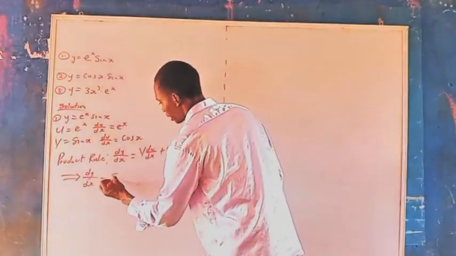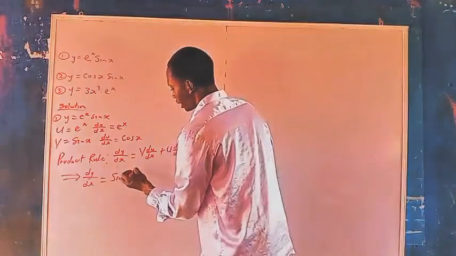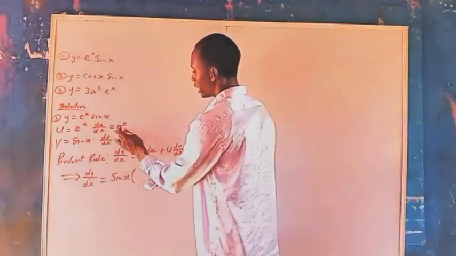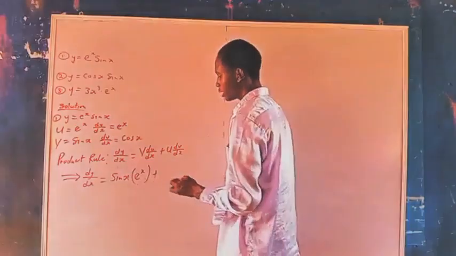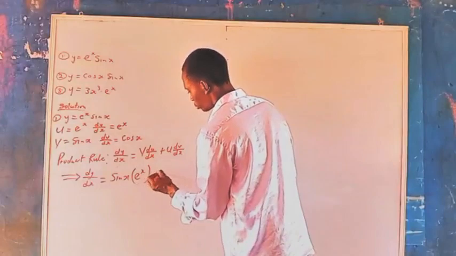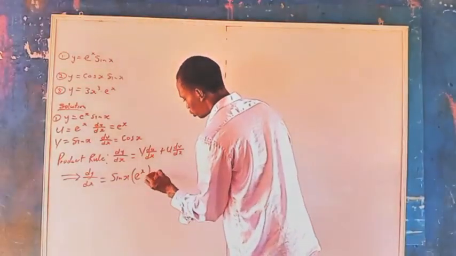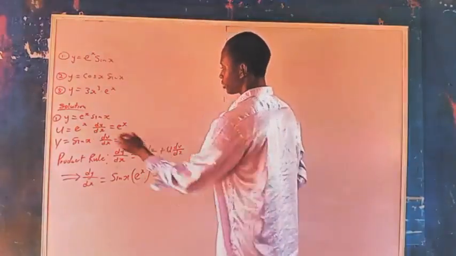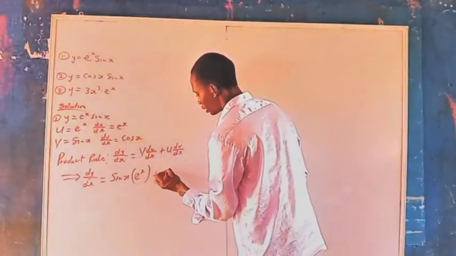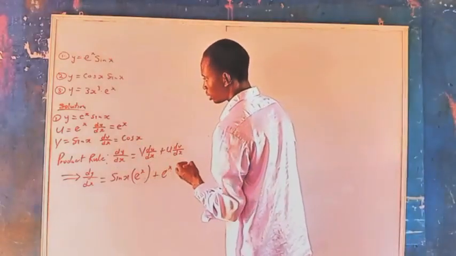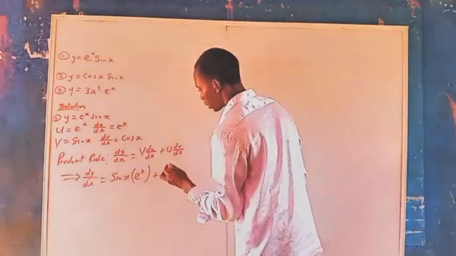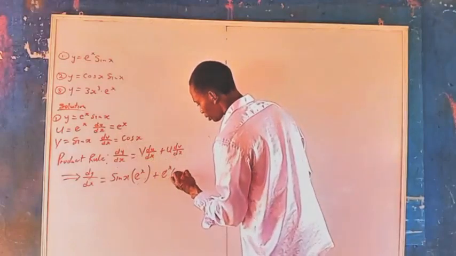V is sine of x. And then what is du/dx? Our du/dx is the exponential function of x. Plus, what is u now? Our u is the exponential function of x again, so I have e to the power of x, and then dv/dx is cos x.